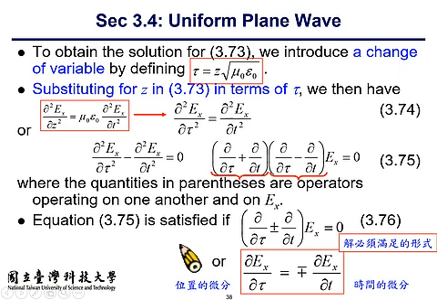The solution for Ex must satisfy either one of the conditions: the spatial derivative of Ex plus the time derivative of Ex equals 0, or the spatial derivative of Ex minus the time derivative of Ex equals 0.